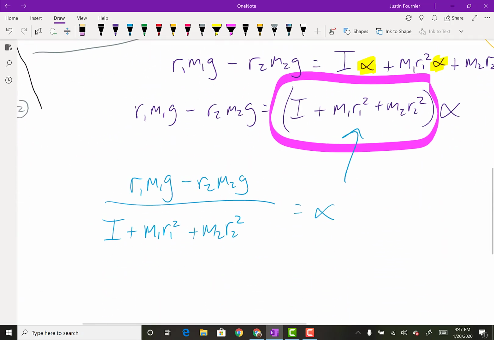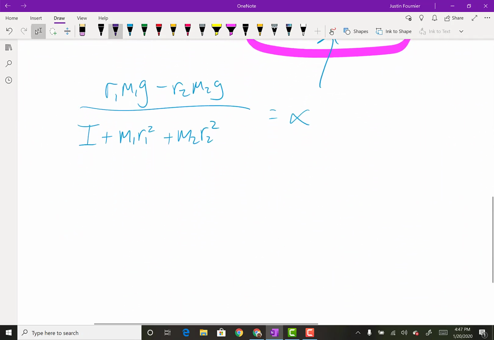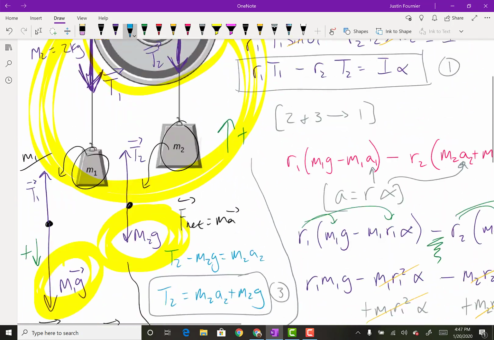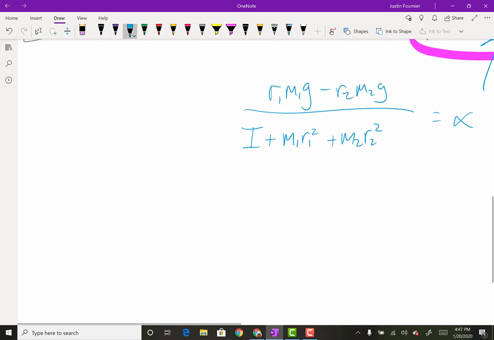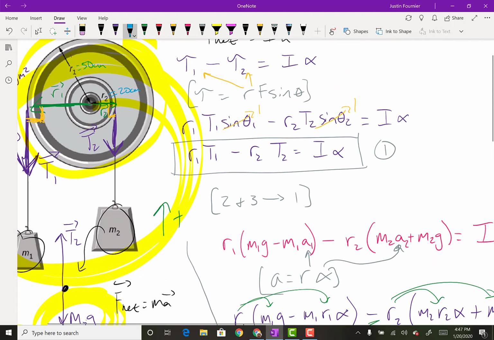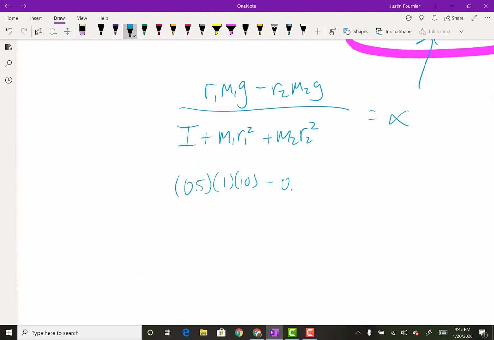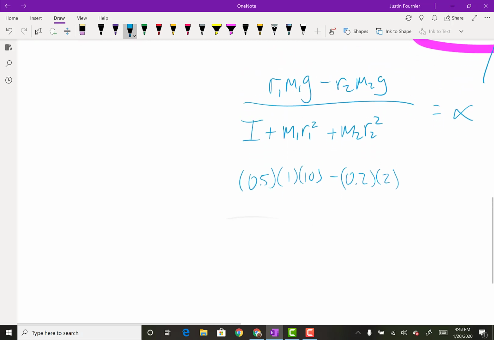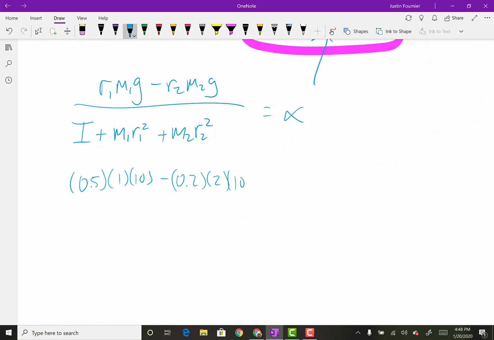Okay, so basically all I have to do now is plug everything in. R1 was 50, but it's going to be 0.5 converting to meters, times M1, which I think was 1 kilogram, times 10, minus R2, which is 20, so that's 0.2, times mass 2, which I think was 2 kilograms, times 10.